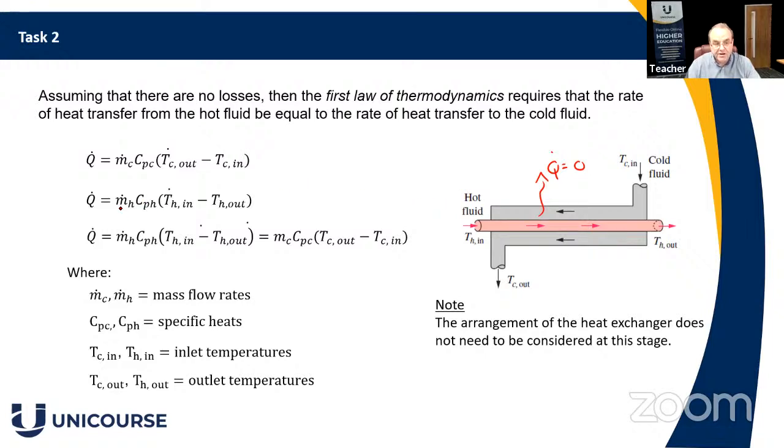So for the hot fluid, Q is equal, again, to the mass flow of the hot fluid times its specific heat times the temperature difference between the inlet and the outlet. Because that's the case, these two equations are going to be equal to each other. So the way to answer this question is, 1, determine Q.